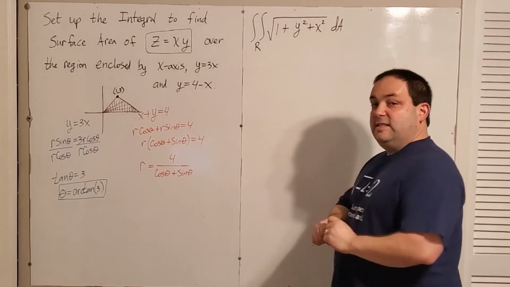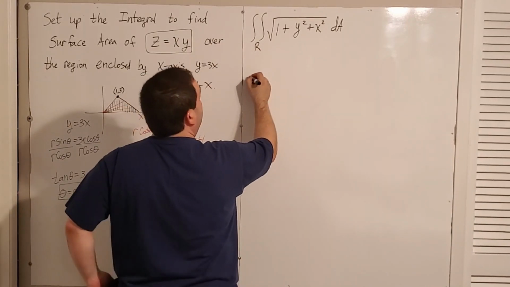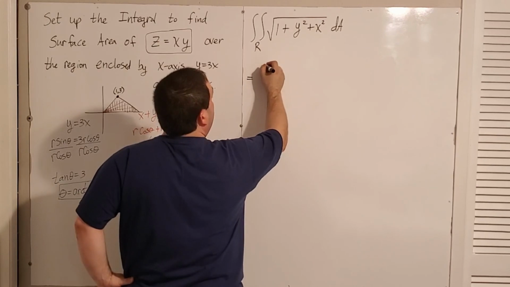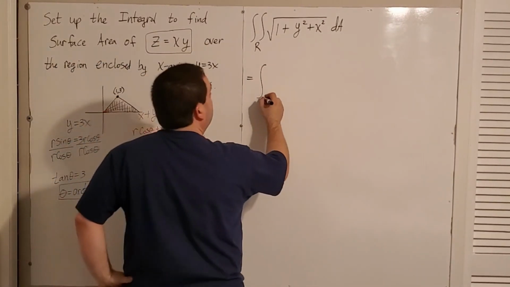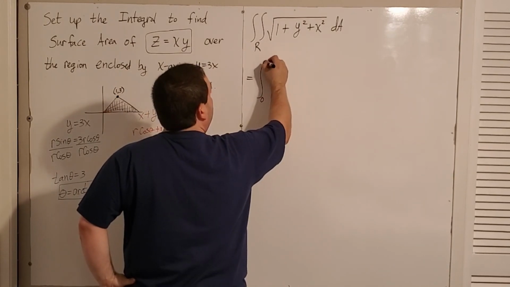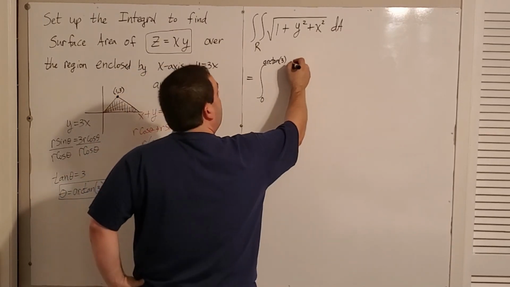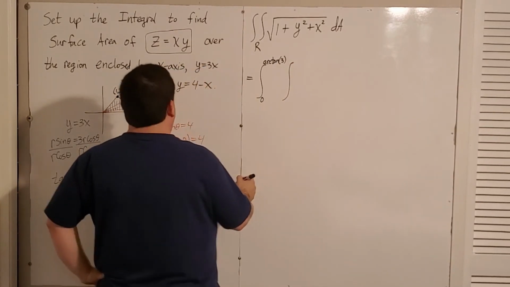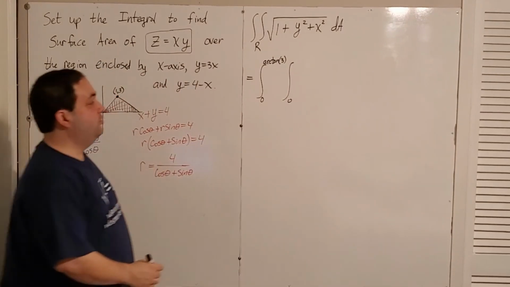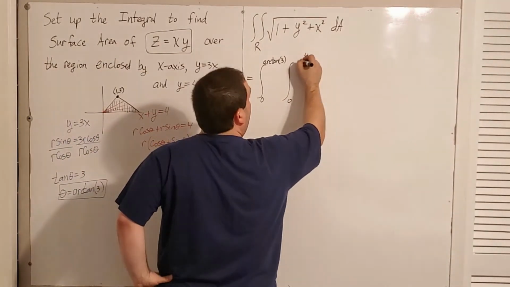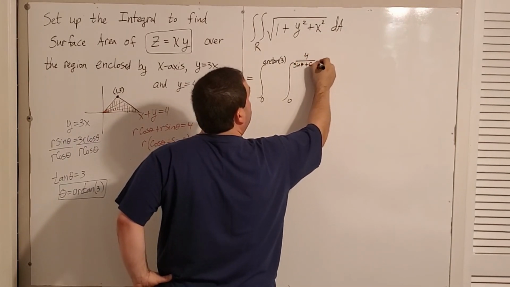Okay, so let's set this up for polar. I've got my integral of theta going from 0 to arctangent of 3. And then my integral for r is going to go from 0 out to this function, 4 over sine theta plus cosine theta.